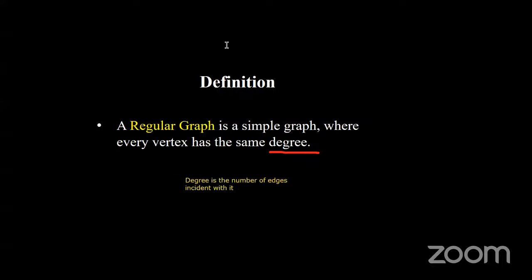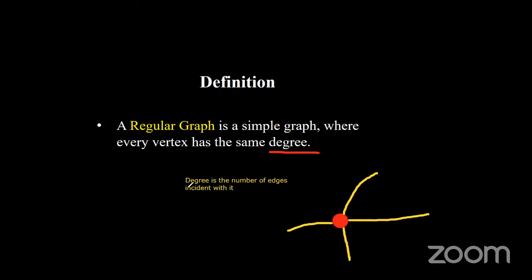So for example, if we have this vertex and this edge, and that edge going anywhere, this edge.